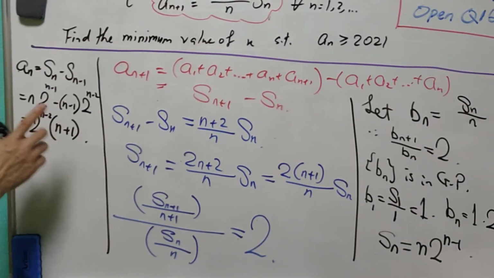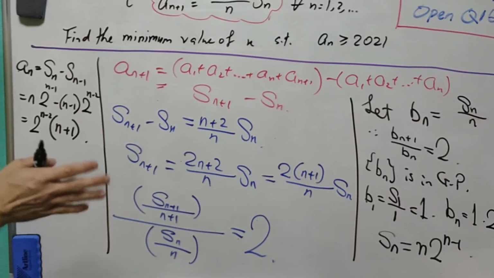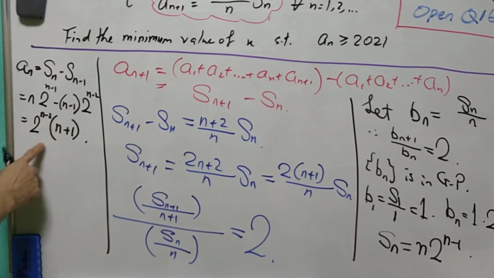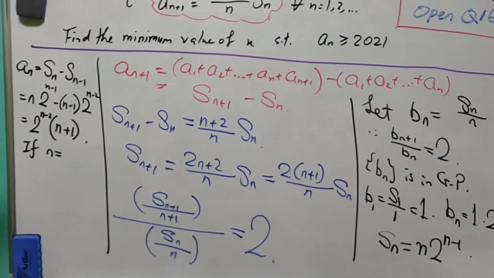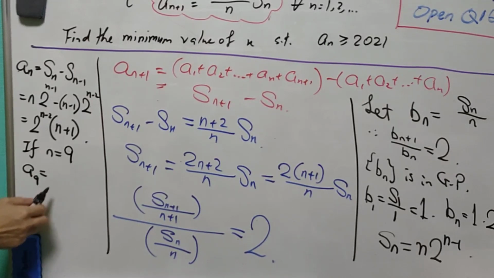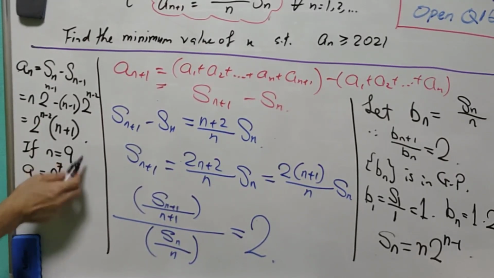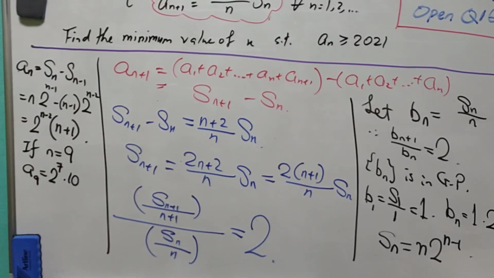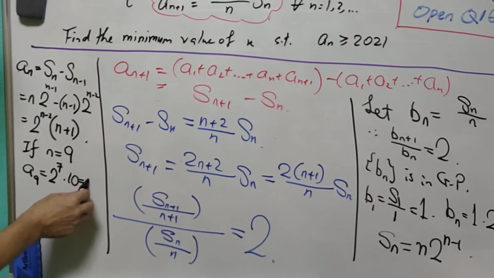Now we know that 2 to the power of 10 is equal to 1024. So we can try, if n is equal to 9, then a9 will equal 2^7 times 10. 2^7 is 128, and this is 1280.